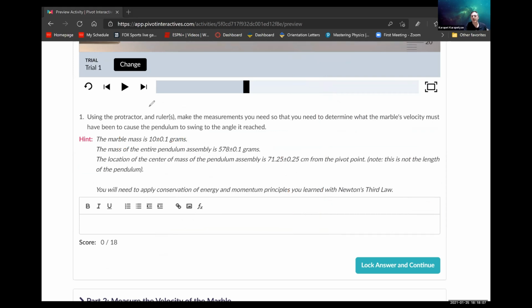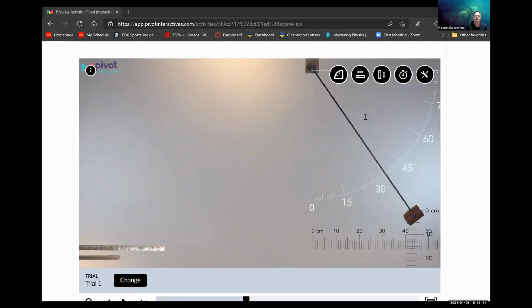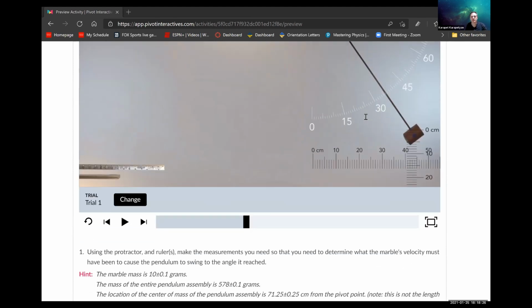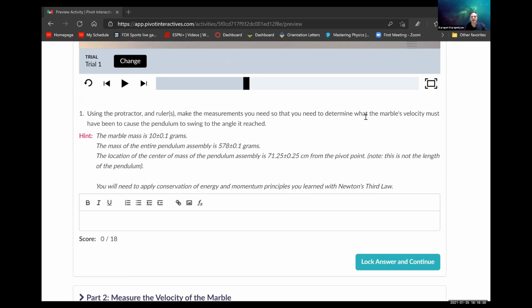Are you guys okay? Any question in terms of what needs to be done? Okay. So here, what you need to do is do the measurements, do all your work on a piece of paper, and upload it here.